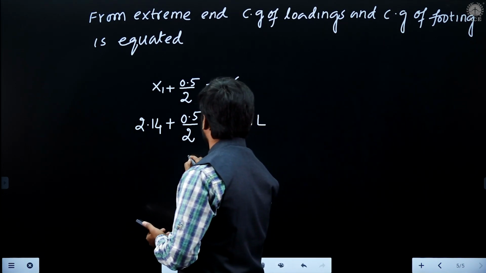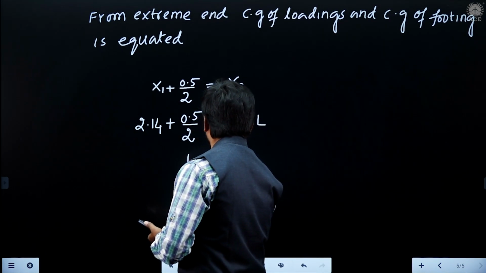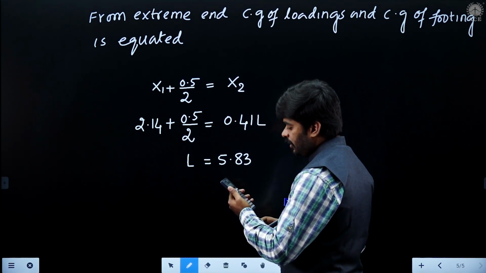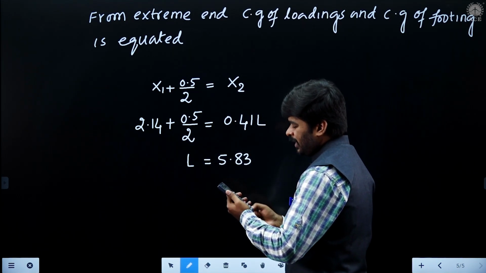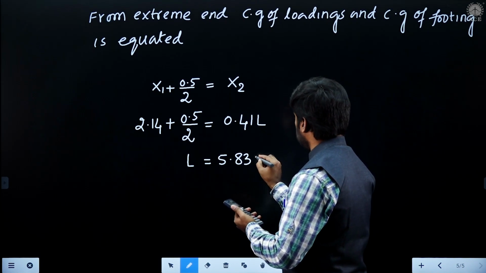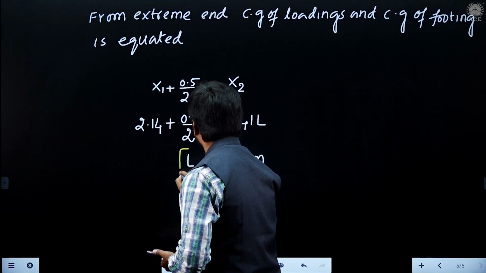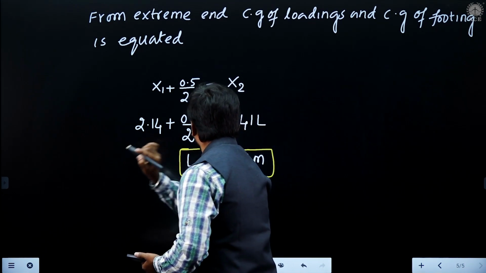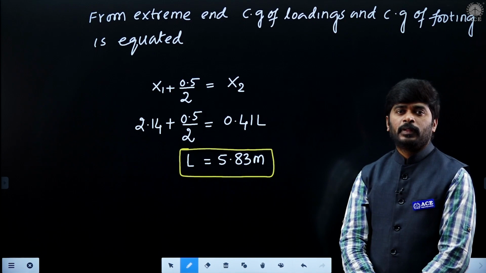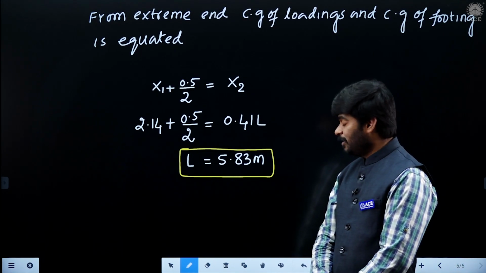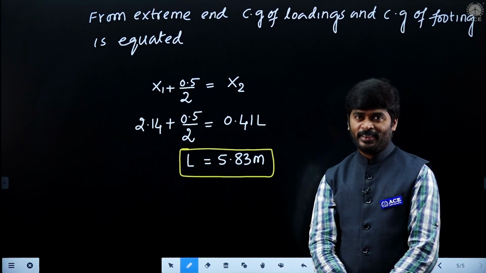Let us say L equal to 5.83 meters. It is the required answer. Length of the footing will be, my dear, 5.83 meters. Okay, right.